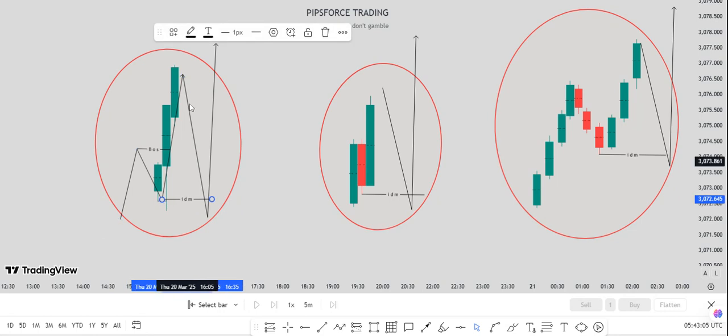So we're expecting price to move back beneath to take off the inducement before moving. To take off the inducement means there is liquidity resting beneath this particular level here. So price will come to pick up that liquidity before shooting to an upside. And this is the inducement.